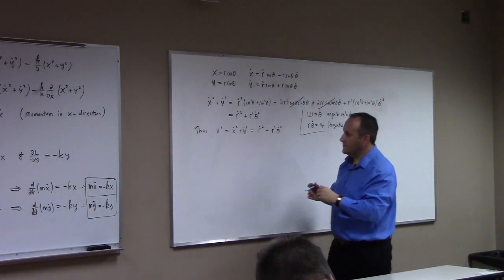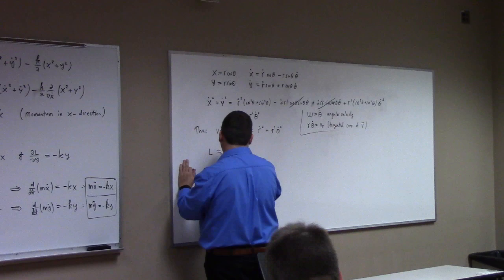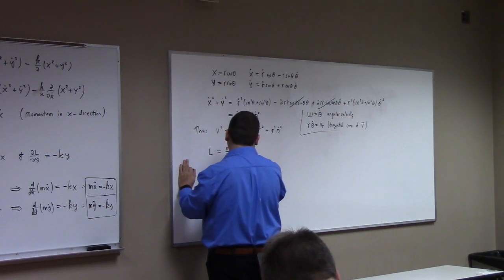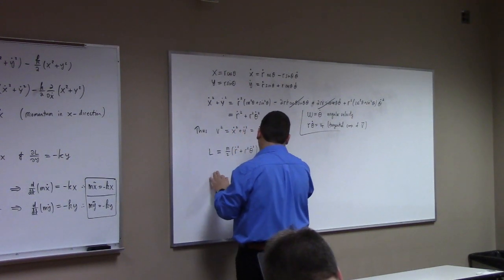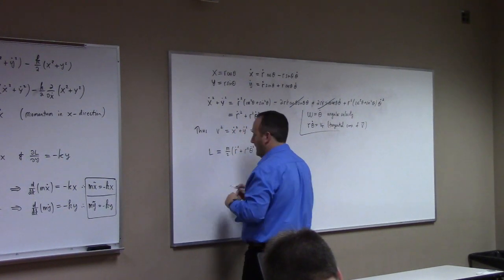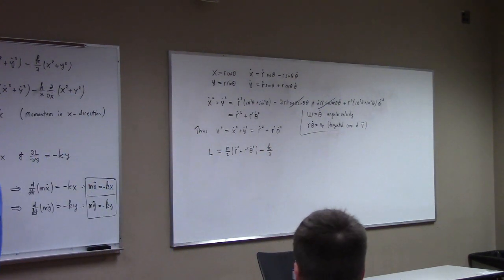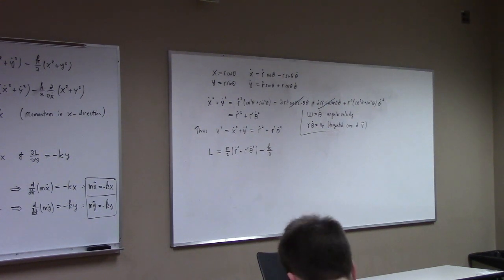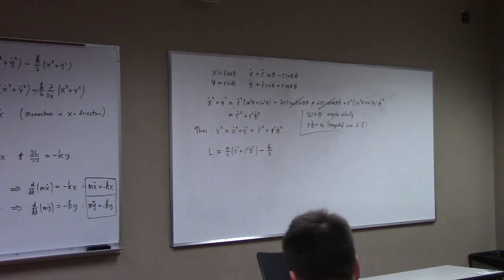So anyway, in short, our Lagrangian is instead m over 2 times (r dot squared plus r squared theta dot squared) minus k over 2 what? x squared plus y squared is what in terms of polar coordinates?